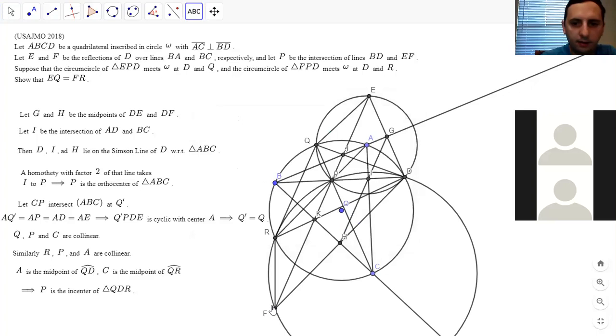Then once we know that, okay, so by symmetry, we should have B, Q, and E, and B, R, and F are collinear. Because, is that an angle chase, or is that just obvious by symmetry somehow? Because angle BQC is BDC. So it's the same as saying BDC is BDE, right?